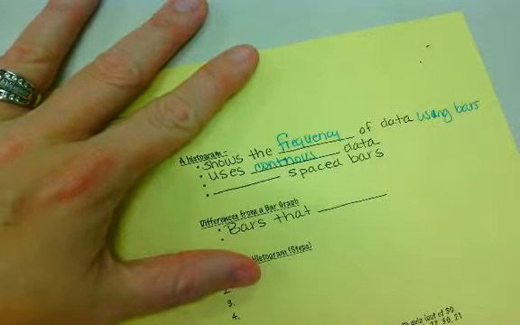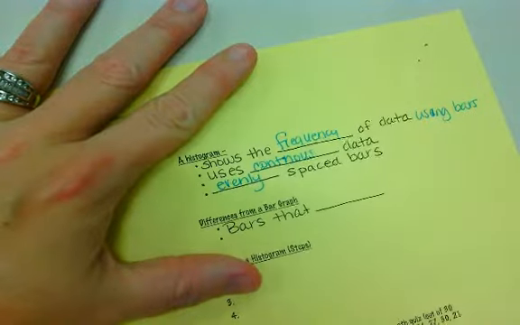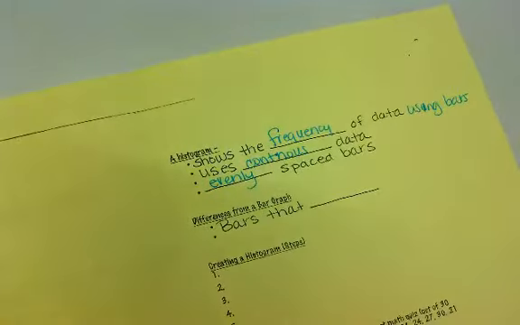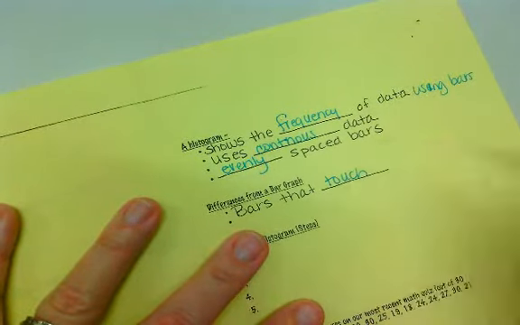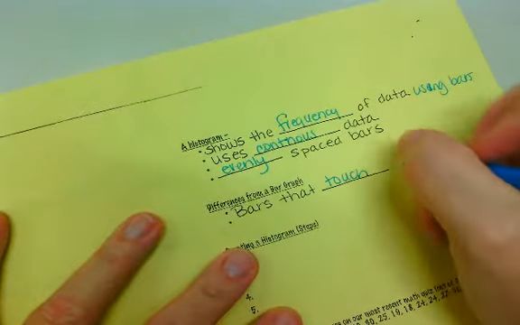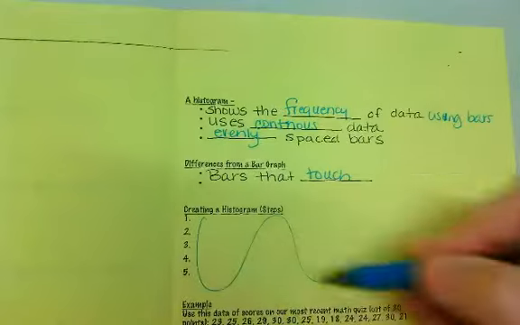Okay, and they are always evenly spaced bars. Now, you have bar graphs, and you've seen a bar graph before. Might not be ringing a bell, but you have. But the difference between a bar graph and a histogram is that the bars in a histogram touch. Okay, so the bars on a histogram touch, and you'll see an example here at the bottom. Like I said, just make sure we don't need this.